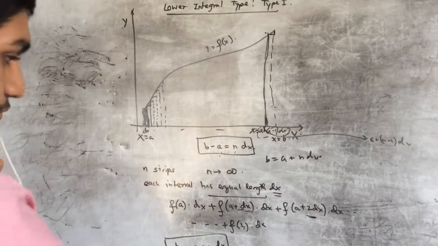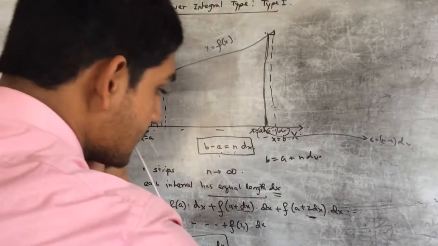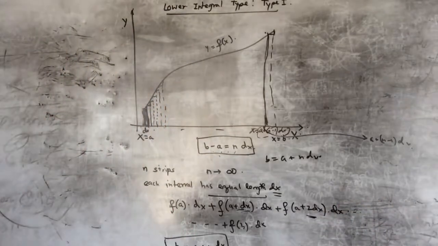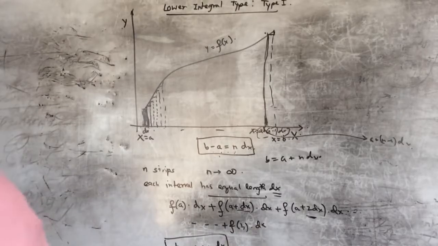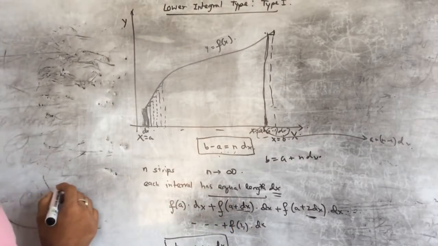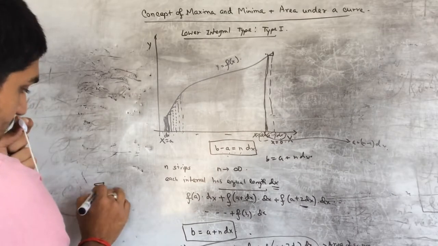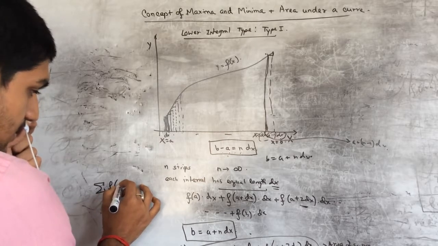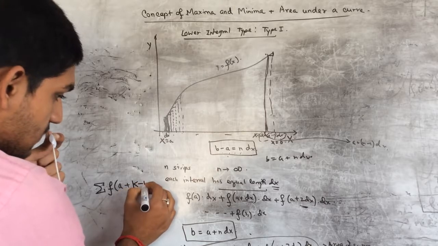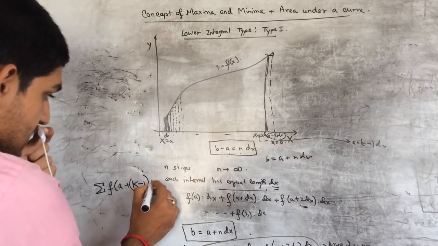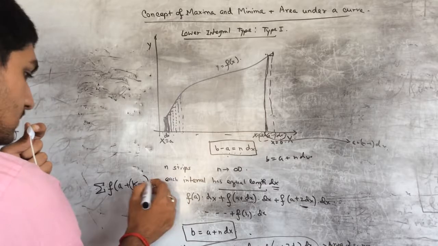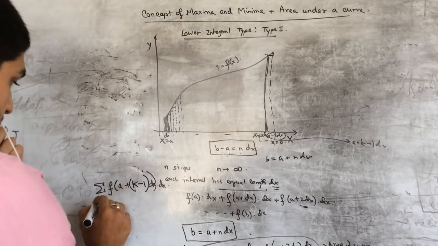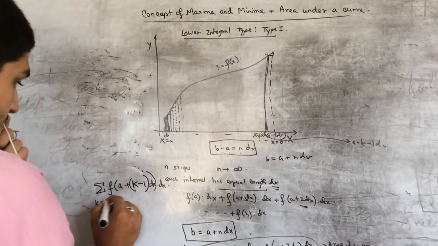So we can formally write that this is approximately the area of the curve, and mathematically it comes out to be the summation of f(A plus (k minus 1) dx) into dx, k rising from 1 to n.